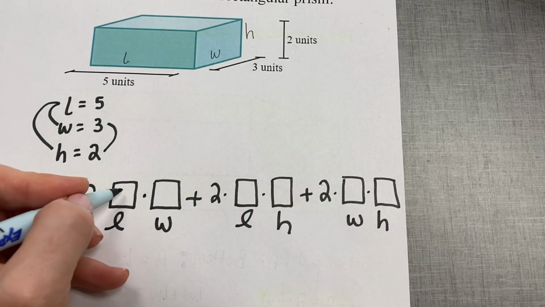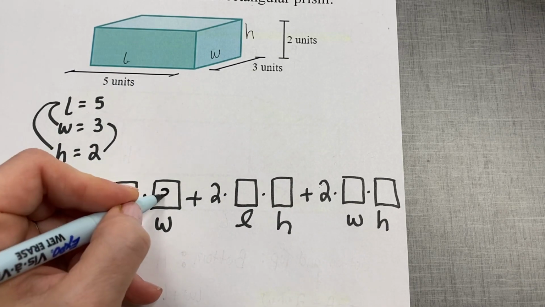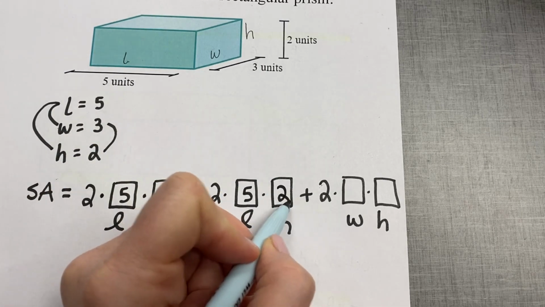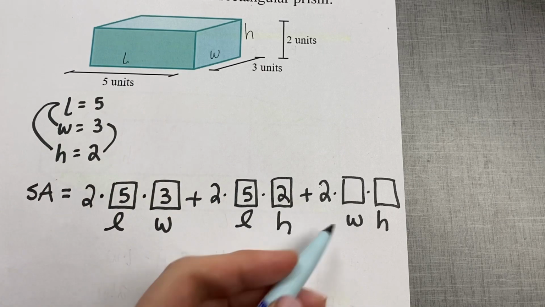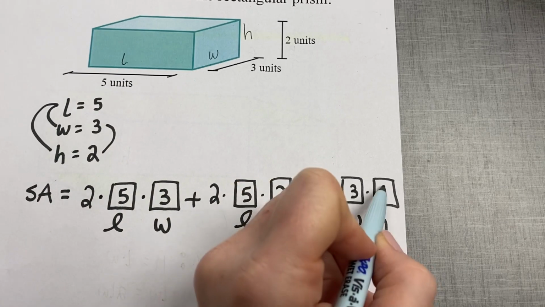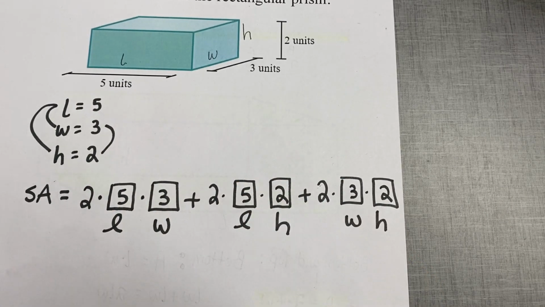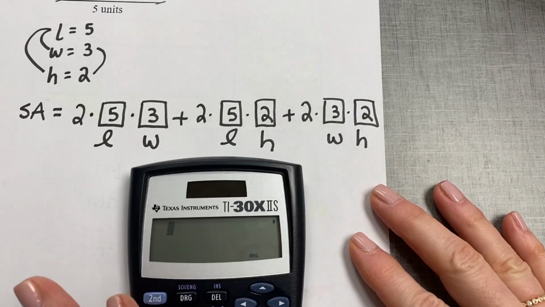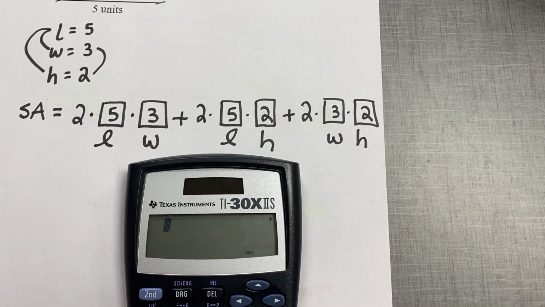And then you just fill them in. So our length is 5, our width is 3, our length is 5, our height is 2, our width is 3, our height is 2, and off we go with a calculator. Not that you need a calculator, you can obviously do this in your head, but since we're using it this unit, you should be able to put this whole thing in just as is.